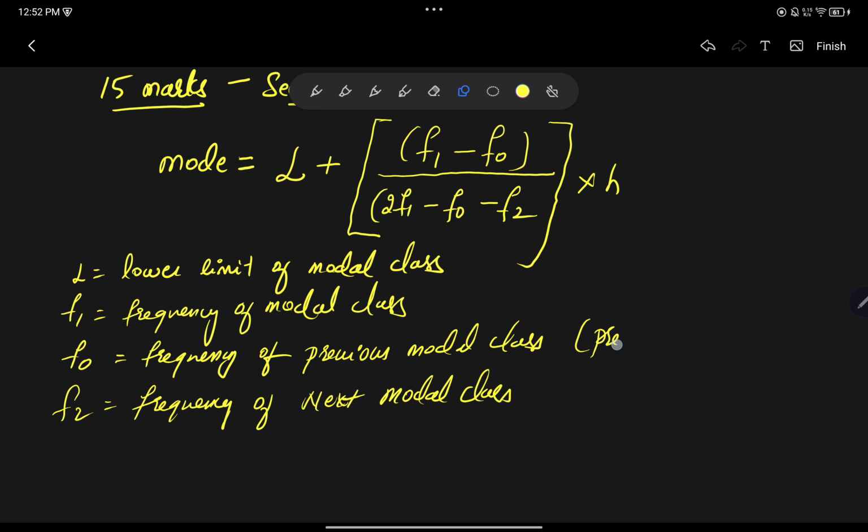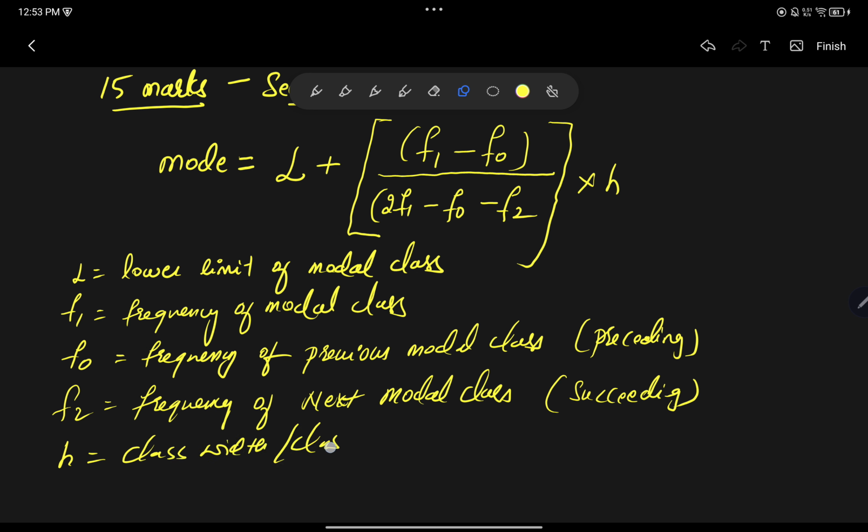Previous is also known as preceding. Next is also known as succeeding. H is the class width, or class size, as we call it. This is the formula.